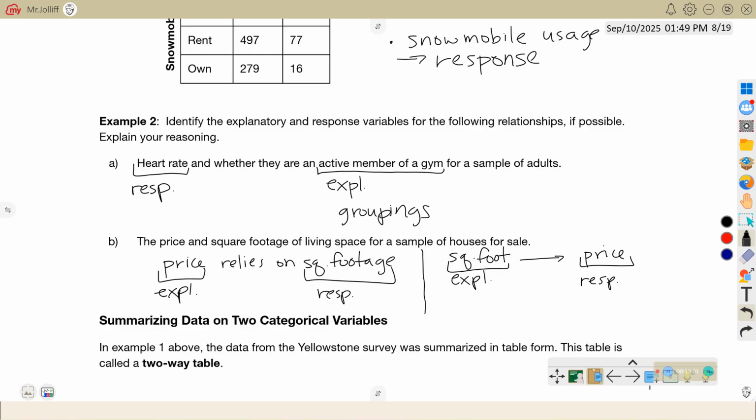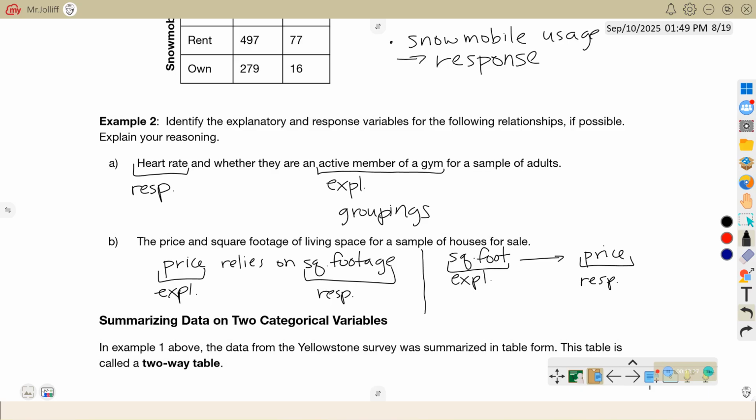So, is there a grouping of people involved in example 2b? No, there were no humans involved in this discussion. We're not grouping humans by any categories. These are two variables that could conceivably go either way. So this is an example where both of those answers are correct.